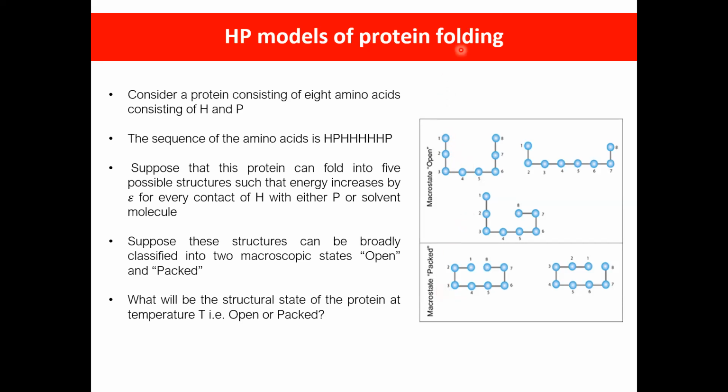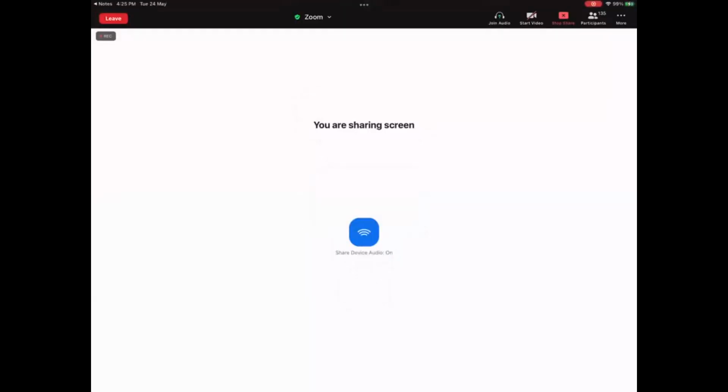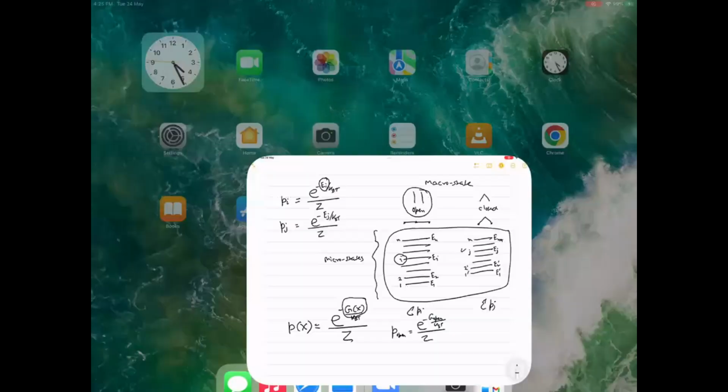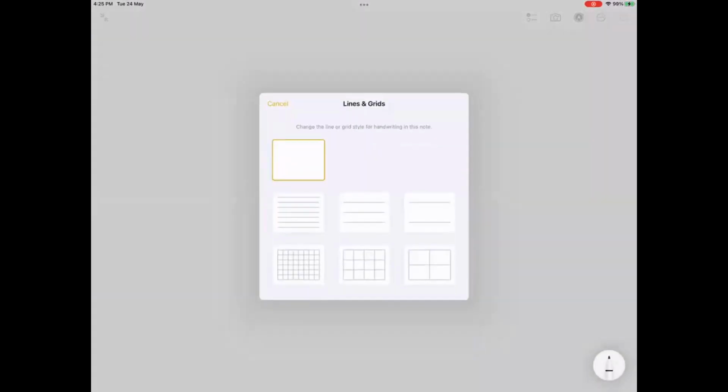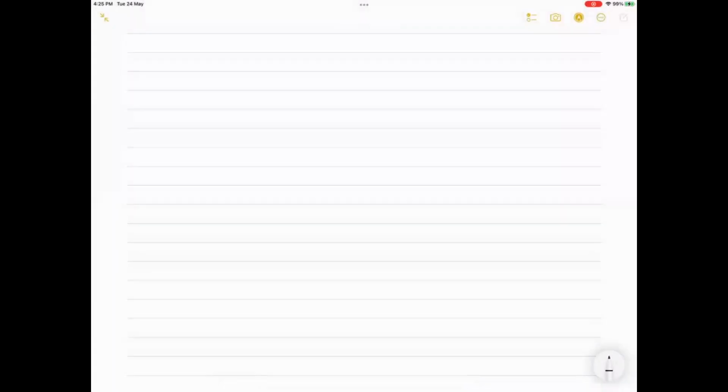All right, so let me stop sharing this one. Let me start sharing my screen. So what we are given here in this problem is that there are three states which are like this.